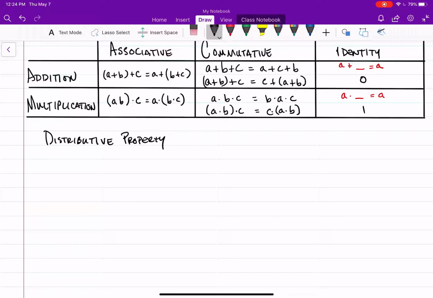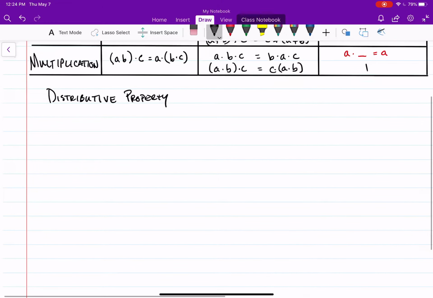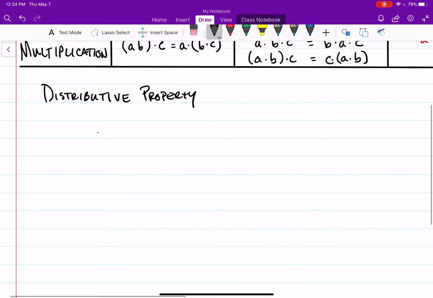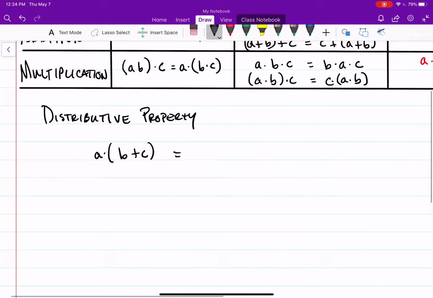Okay, now you guys have learned about that a little bit, where you would distribute. So if I had A times B plus C, notice how I didn't put it in this table because there's addition and multiplication in here. And you're like, well, typically we would add the B and C together and then multiply by A. You're right.